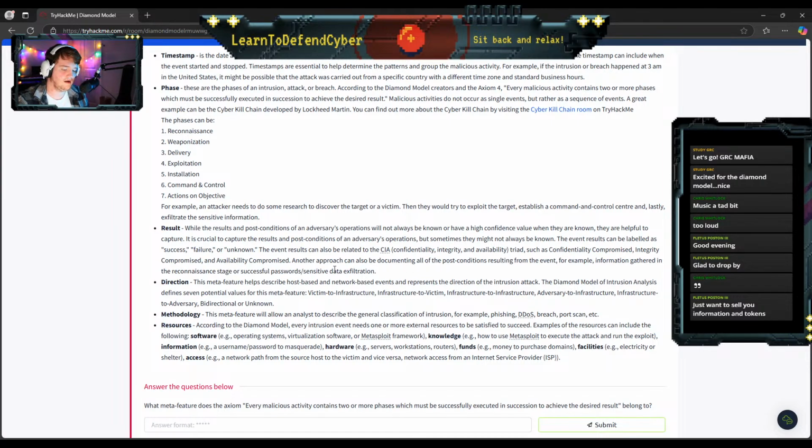And we can document all post conditions resulting from an event, such as information gathered in the recon phase, successful password, sensitive data exfiltration. So basically the result metadata is going to be like, hey, yeah, they did pwn this environment. This means they may go for something similar.